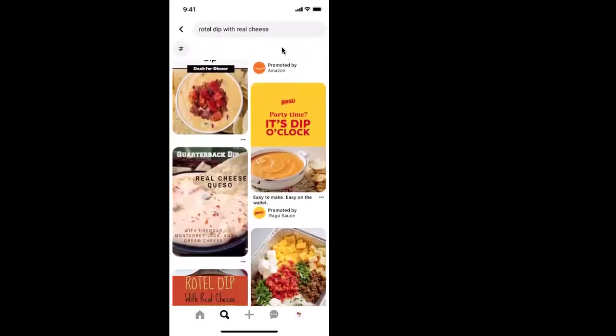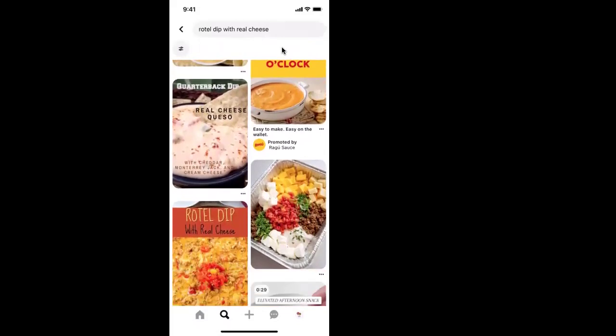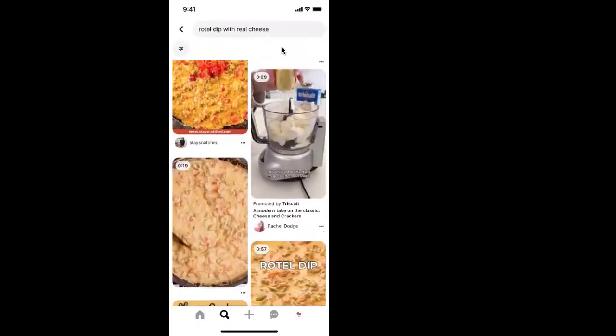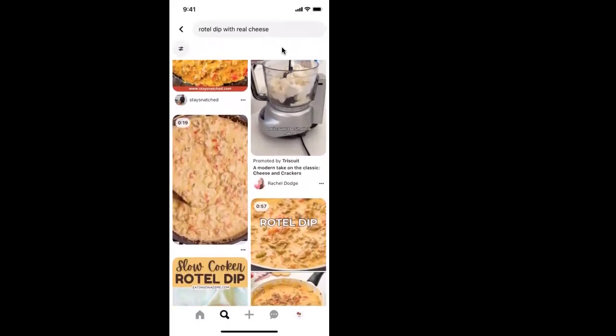So you've got to do something different there. The one where it's just got all of the ingredients in the middle of it doesn't stand out. So you have to really plan what your keywords are and how you stand out. Those are my top two tips.